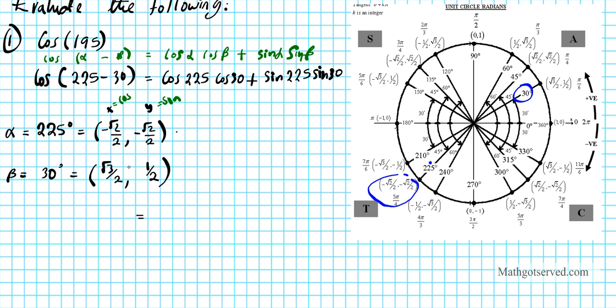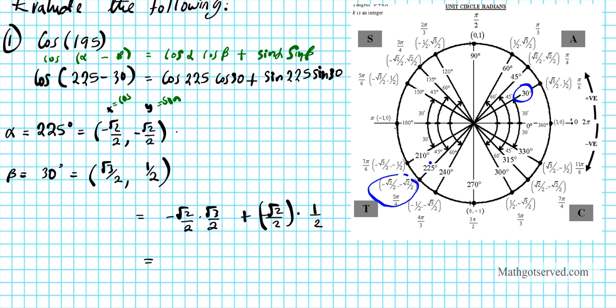Cosine 225 is the x coordinate here, which is negative root 2 over 2, times cosine 30 degrees, the x coordinate for beta, which is root 3 over 2, plus sine 225, the y coordinate of alpha, which is negative root 2 over 2, times sine 30, the y coordinate for beta, which is 1/2.